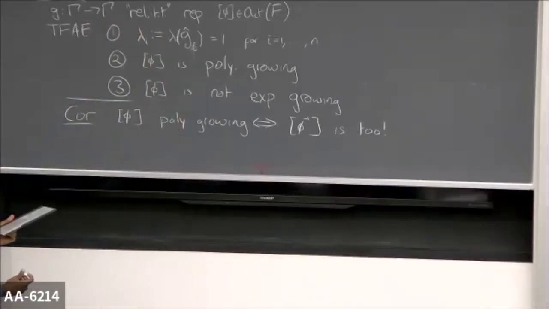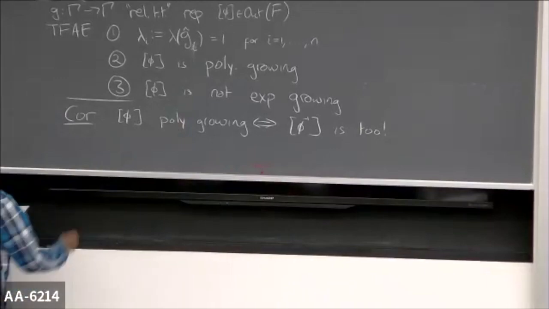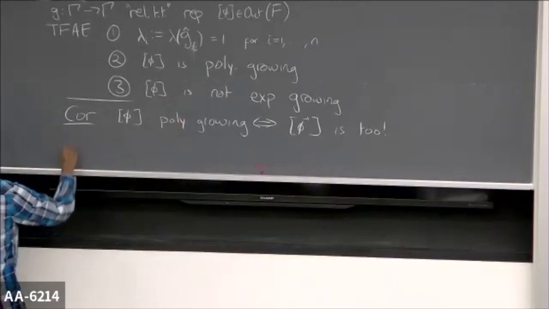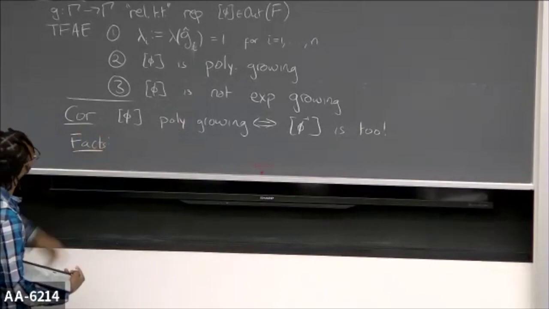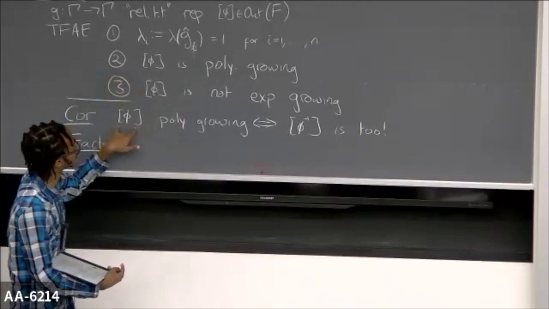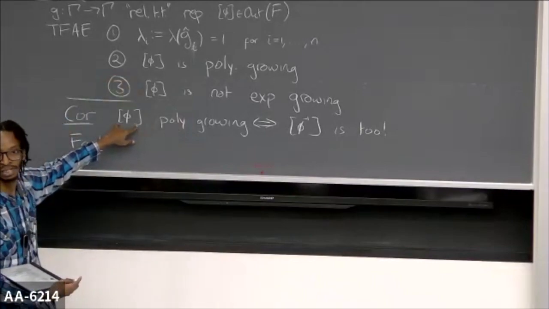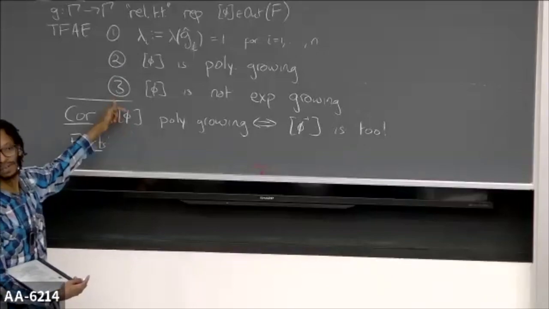What else did I want to say about this? All right, so facts, I guess I'll say. Another corollary was that the degree of the whole automorphism, which I defined, is finite.